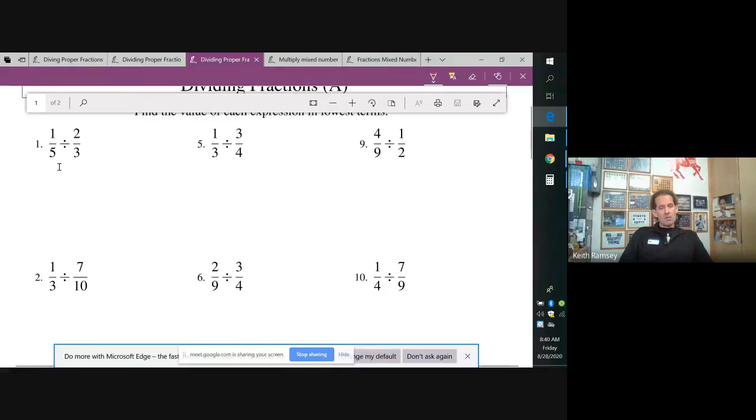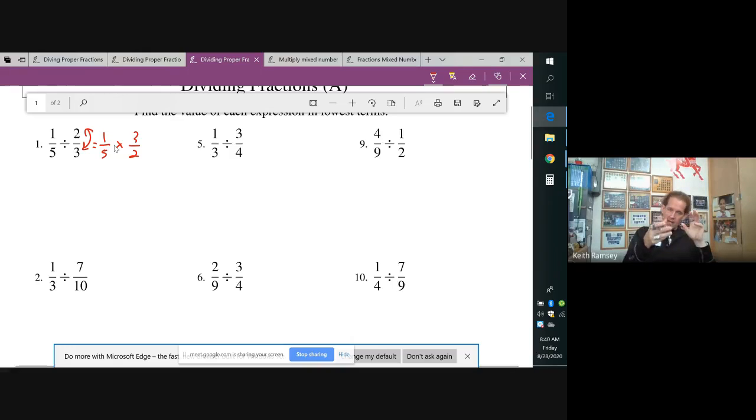So in number 1 here, which one am I going to flip? The 1/5 or the 2/3? The second one, always the second fraction. So I know that 1 over 5 divided by 2/3 is equivalent to 1 over 5 times 3 over 2. I know that it's equivalent because the opposite of division is multiplication.